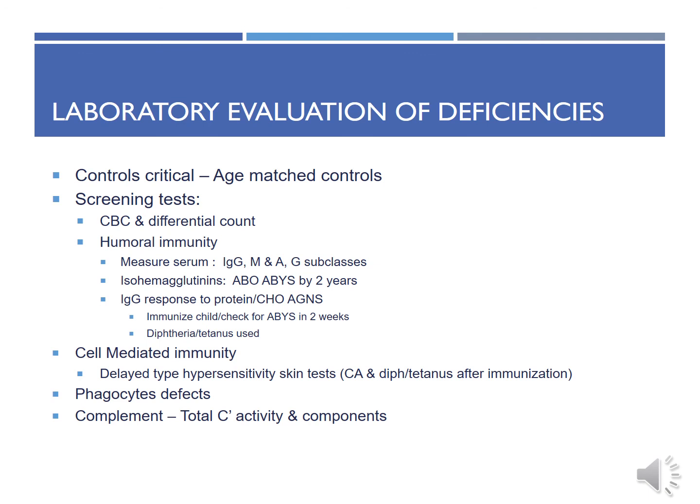We can look at our cell-mediated immunity, so we can do hypersensitivity skin tests, and phagocyte defects. If we are thinking there is some type of defect with our neutrophils, we can look at that. Also complement, so total complement activity and its components.